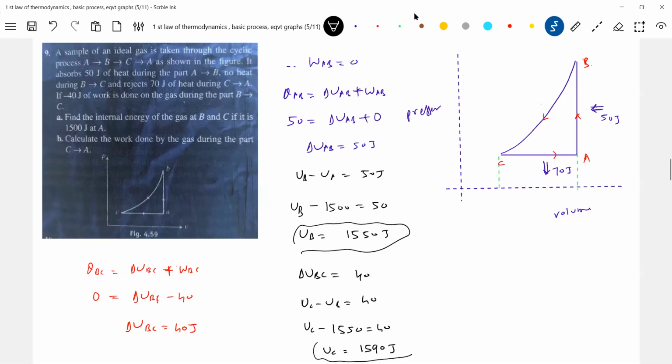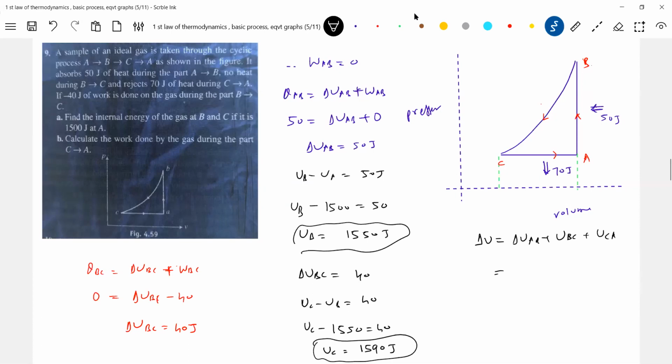We have calculated. Okay, next after this, what is the total change in internal energy? Delta UBC we know, UAB we know. UCA we will calculate first. So first, change in internal energy in one cycle: UAB plus UBC plus UCA.